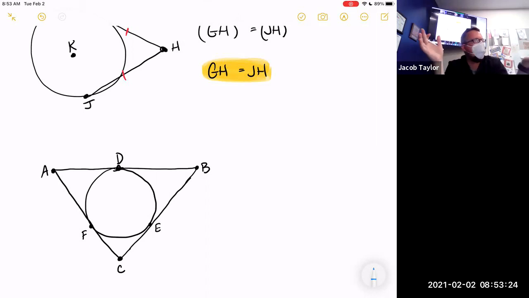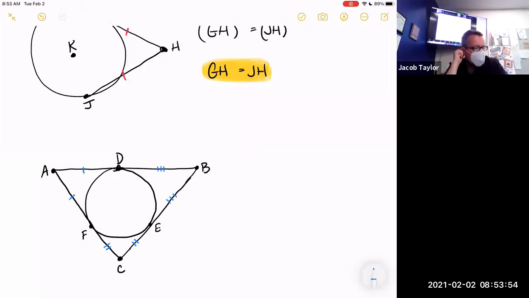The tangent theorem will help us figure out how long these segments are, because segment AD would be congruent in length to segment AF. Segment FC would be congruent in length to segment CE. And DB would be congruent in length to BE.